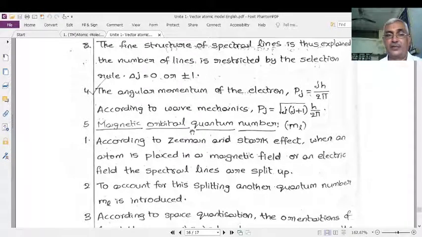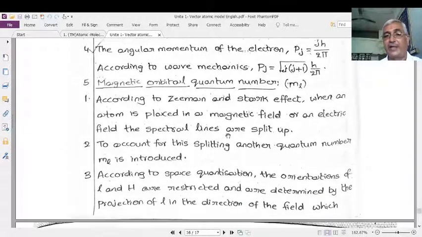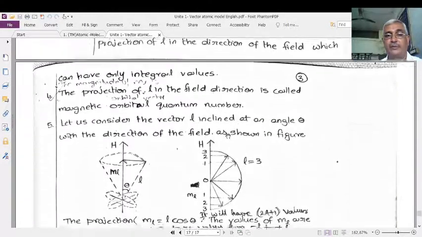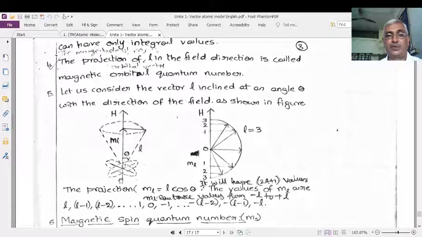Out of the second group, the first one is the magnetic orbital quantum number. Suppose this is the magnetic field. When the magnetic field is applied on this atomic system, the orbital motion of the electron behaves like a small tiny bar magnet.